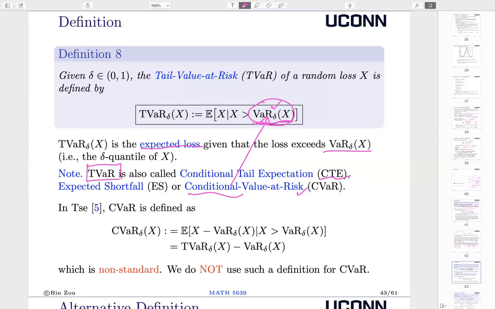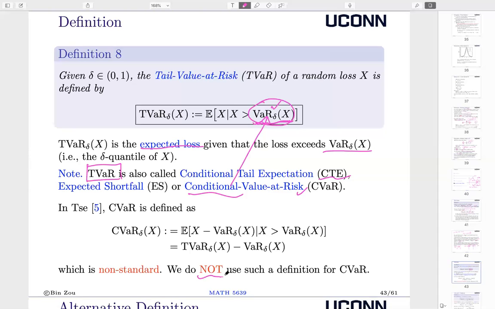Okay. I also want to mention one important thing: in the book of Say, he actually defined the TVaR as this. He defined TVaR as the difference between TVaR and VaR. As I highlighted in red, this is very non-standard notation.